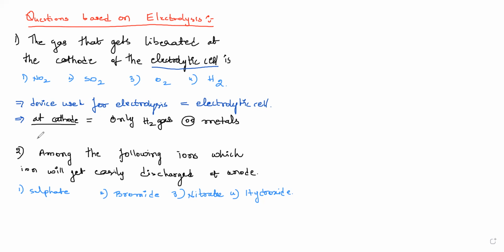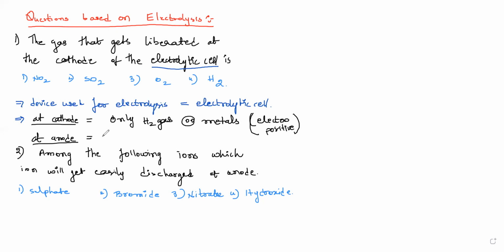Then at the anode, what reaction is given? Metals are electropositive. That's why electropositive elements can be liberated or deposited at the cathode.